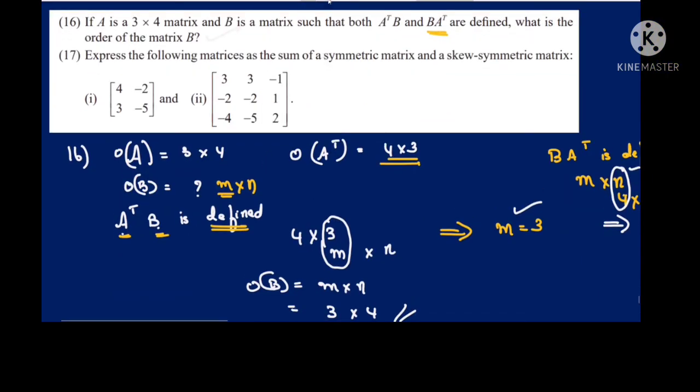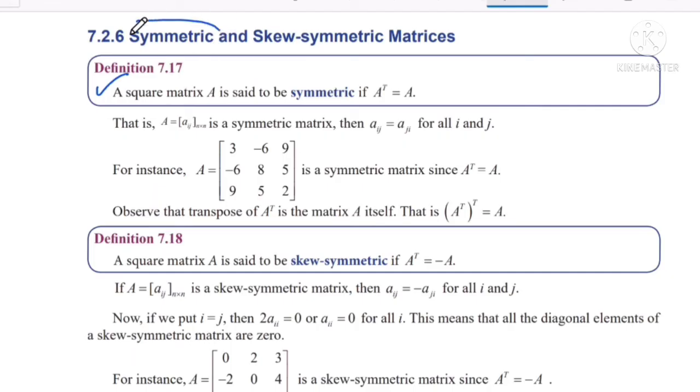Next concept is symmetric and skew symmetric matrix. We define the symmetric and skew symmetric only for square matrices. A square matrix A is said to be symmetric if A transpose is equal to A. You know to find A transpose.